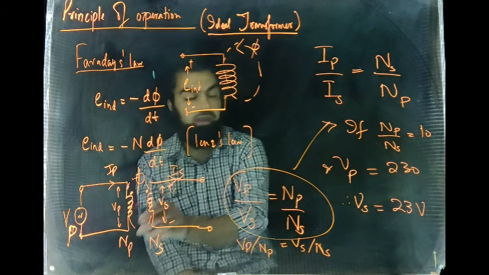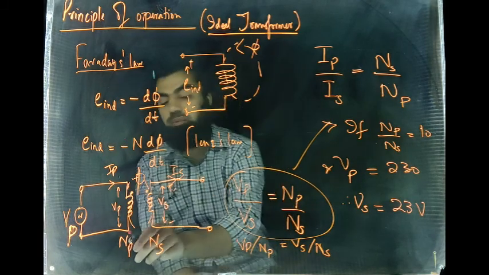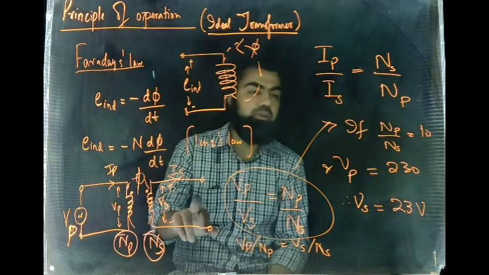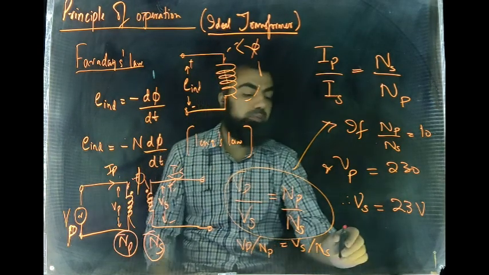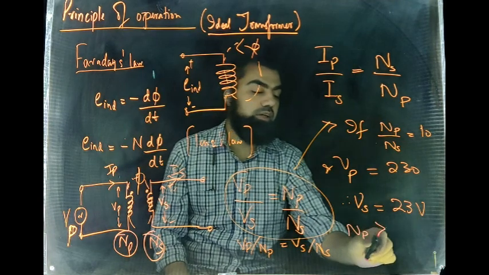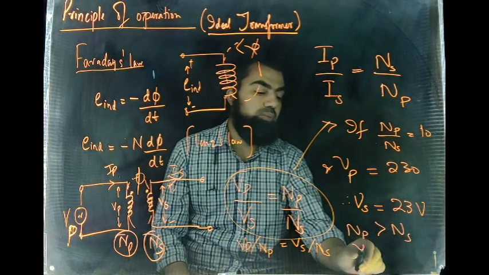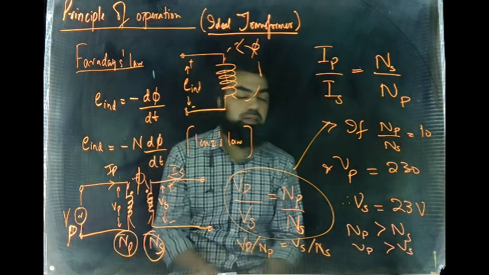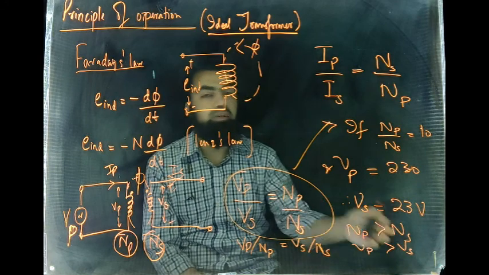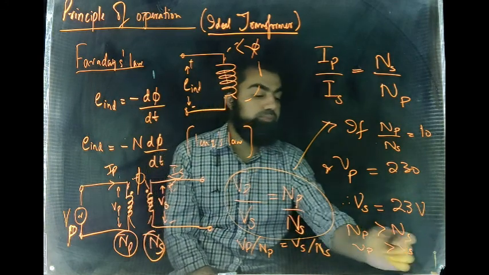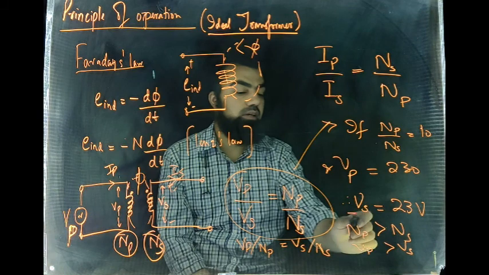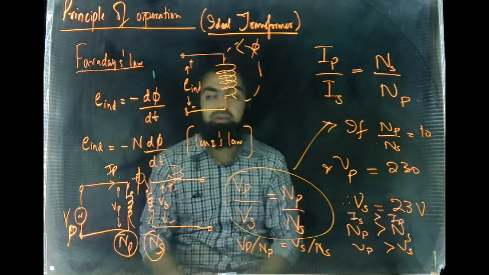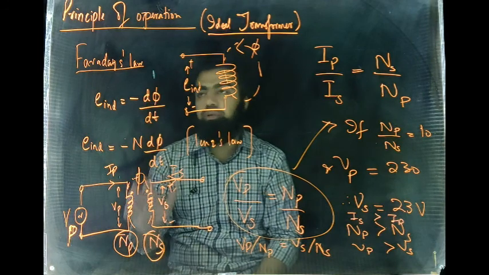So if Np divided by Ns is equal to 10, that means the number of turns Np is greater than the number of turns Ns. That means Vs will be less than Vp. So if Np is greater than Ns, Vp will be greater than Vs. And if Np is less than Ns, Vp will be less than Vs. And also, if Np is greater than Ns, Is will be greater than Ip.